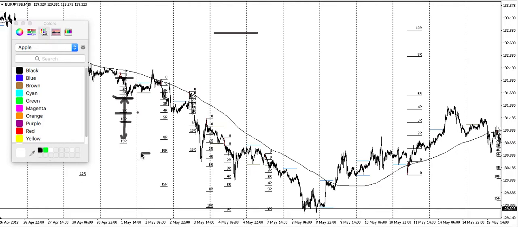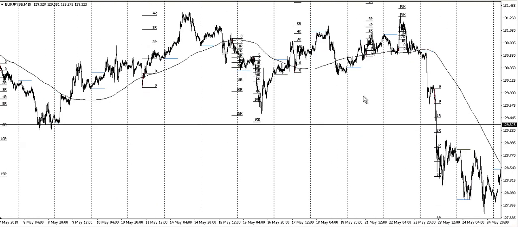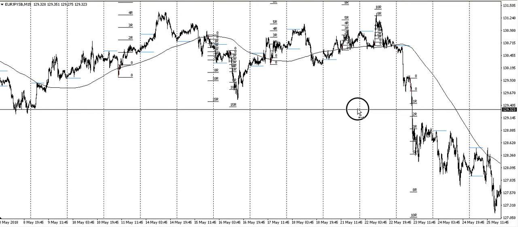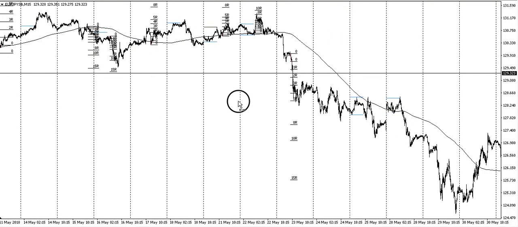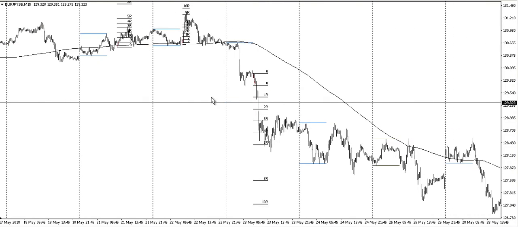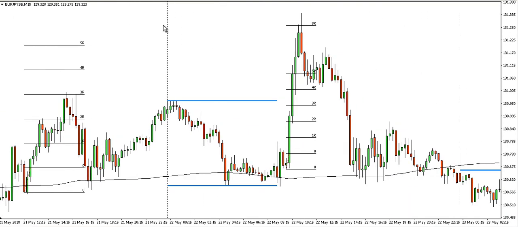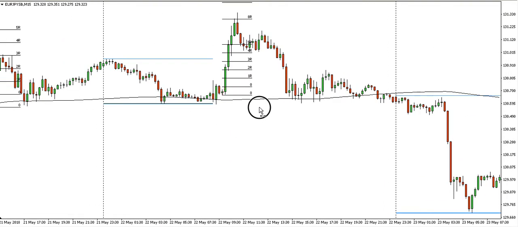The advantage of that is you give yourself the possibility of trades like this.